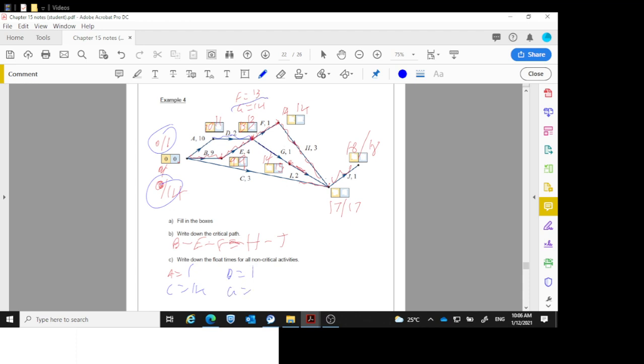G is 14 minus the 13, 1. I is 15 minus 14, 1. And I believe I have them all. A, C, D, G, and I. Yes. Okay.